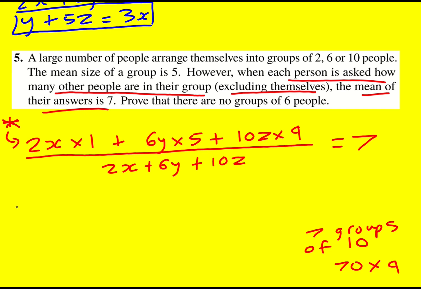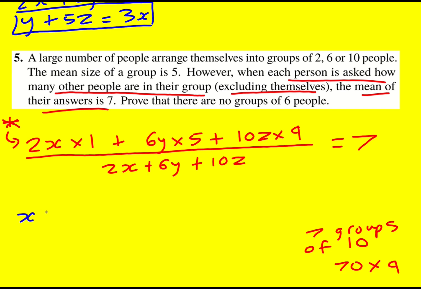Because now we're back to just trying to rearrange this equation. I've got 2X plus 30Y plus 90Z, and then I'm going to times through by 7. I've just noticed that there's a common factor of 2, so it might be easiest at this point to divide through by 2.